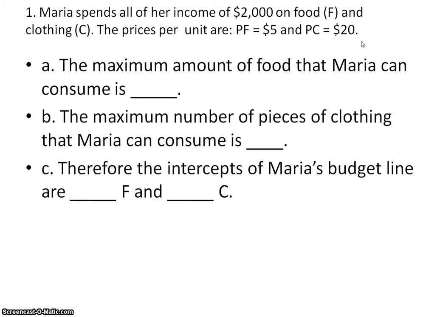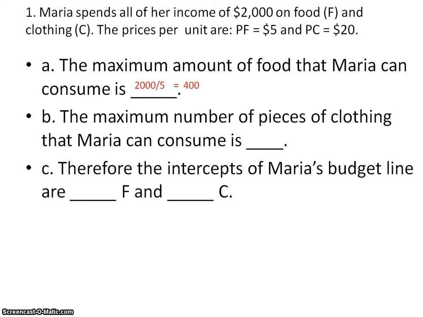So the maximum amount of food that Maria can consume is simply the income of Maria, which is 2,000, divided by the price of food. 5 into 2,000 gives us a value of 400. So 400 units is the amount of food Maria can have if she spends all of her income on food.